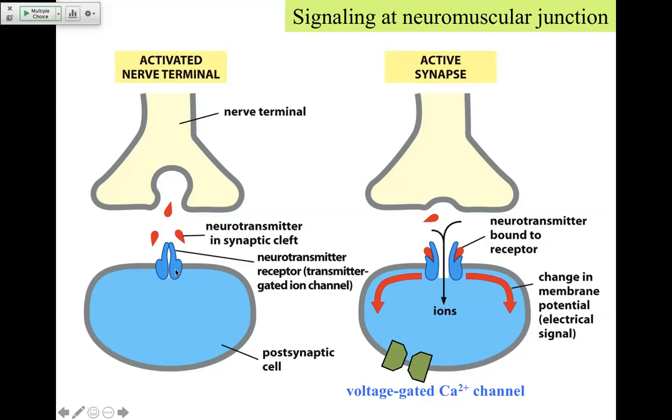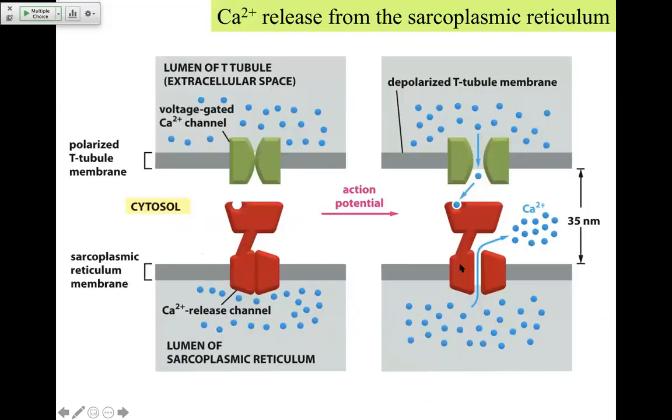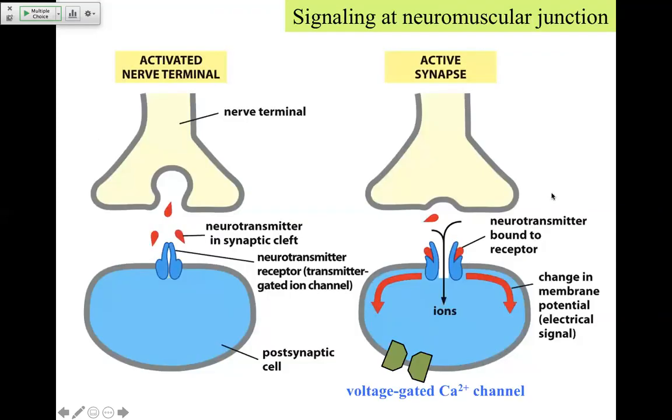Acetylcholine will then bind to receptors on our target cell, which is our muscle cell. That receptor is a sodium ion channel. Binding of the acetylcholine causes the sodium ion channel to open. Sodium ions enter. That changes the membrane potential of this muscle cell. What we're going to see is what happens downstream of that.